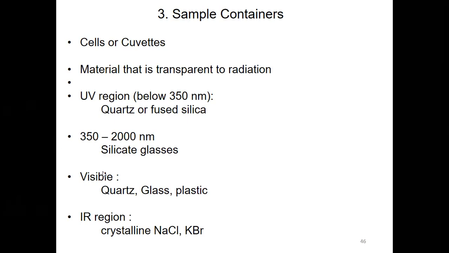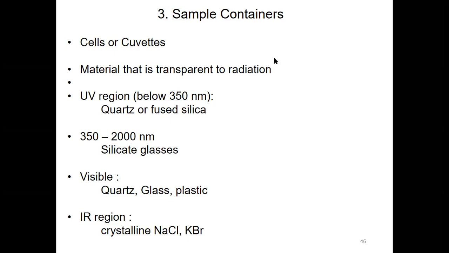And for the visible range, from 350 to let's say 700, 800, we can still use quartz cells, and also glass or plastic cells can be used, right? And when we take IR measurement, we have to use the IR region radiation. In that case, crystalline sodium chloride or KBr pellets we have to use as the sample container.